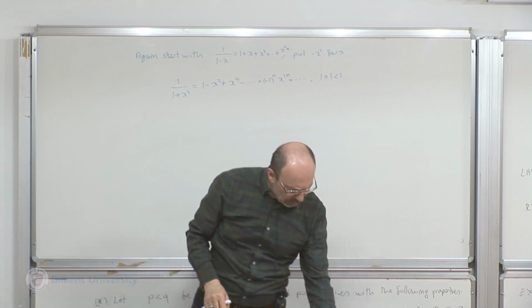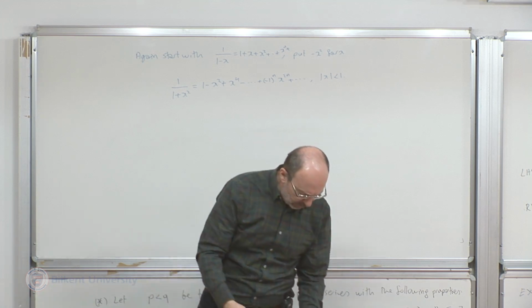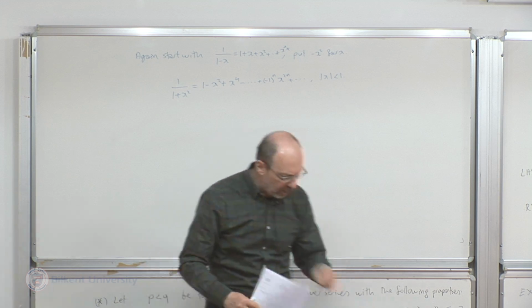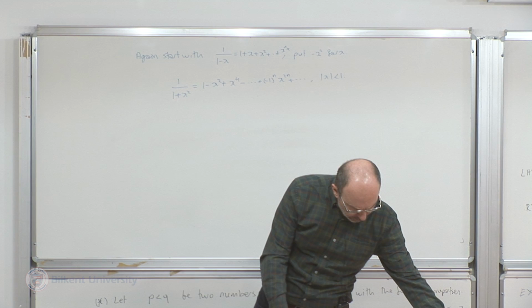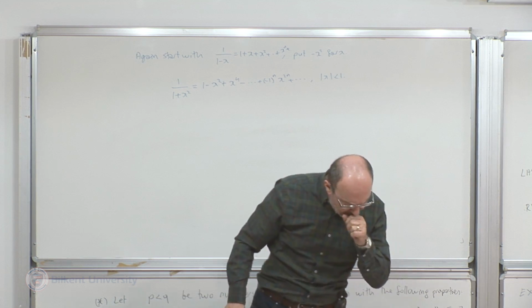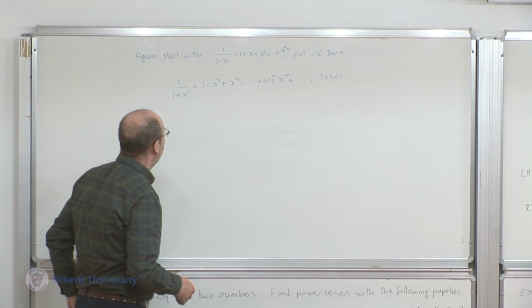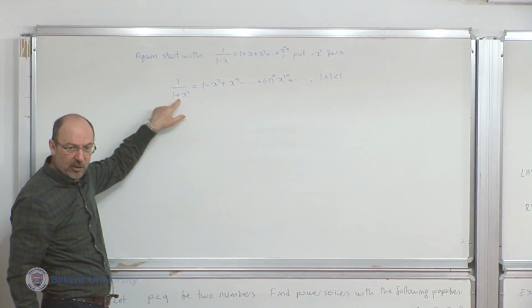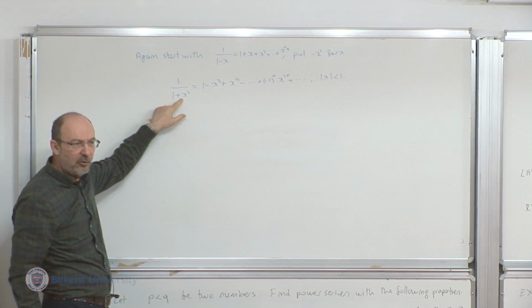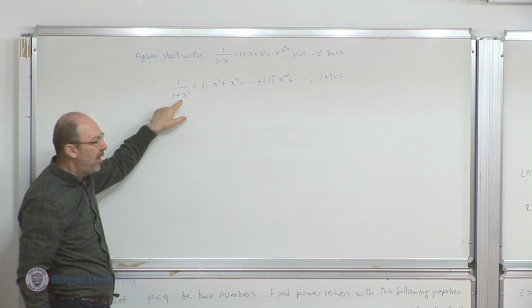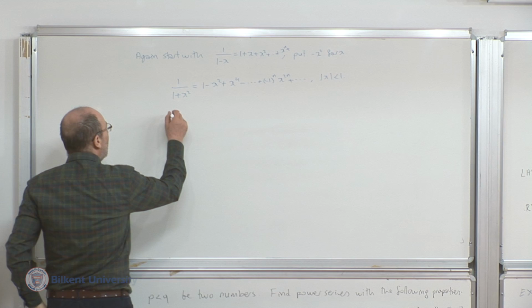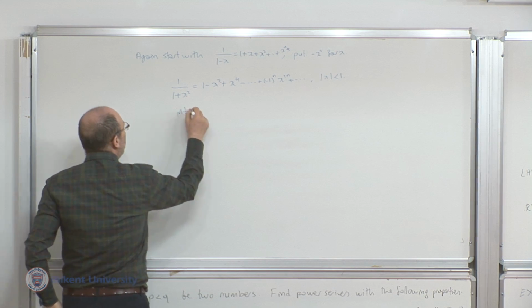Okay, so now integrate both sides. Because I integrate this side, I recognize this is arctangent, and in the arctangent, if I put some nice values for x, I can recover pi, and I will have an easy power series for that value of pi. So integrate both sides.